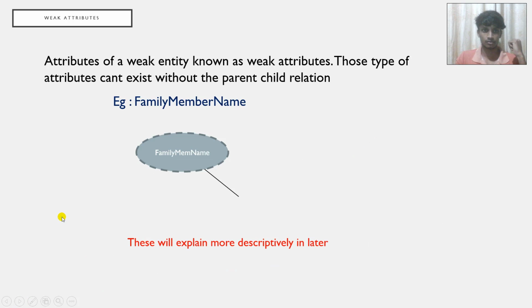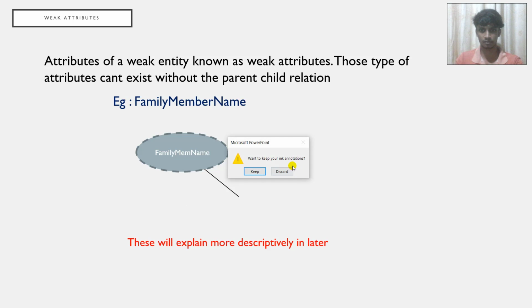Okay, so weak attributes. Attributes of a weak entity are known as weak attributes. Those types of attributes can't exist without the parent-child relation. Okay, so this definition is kind of wrong.